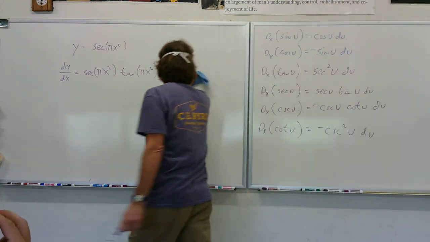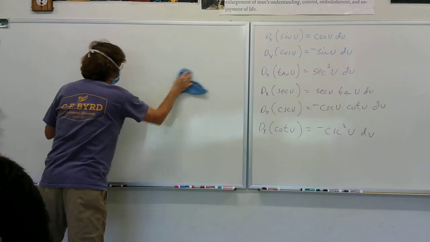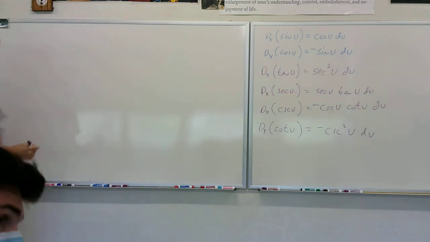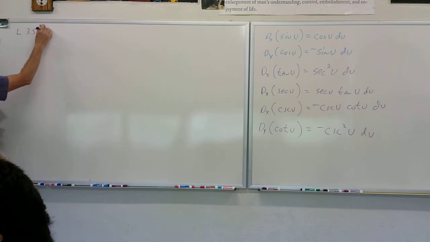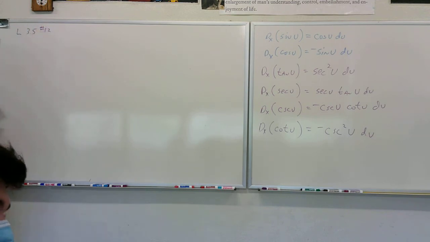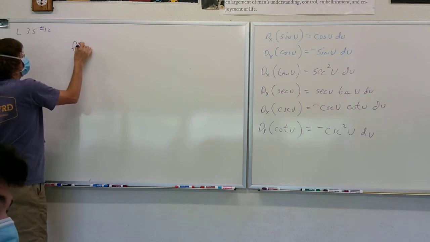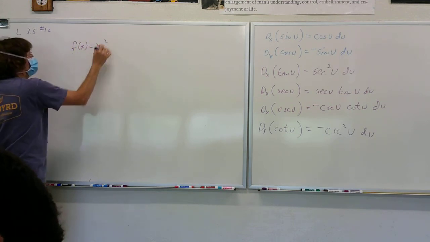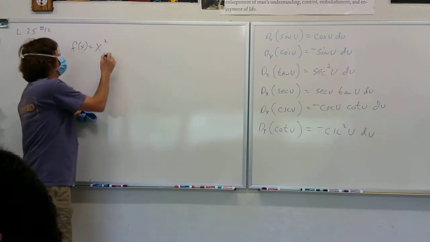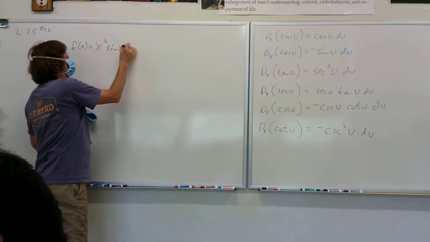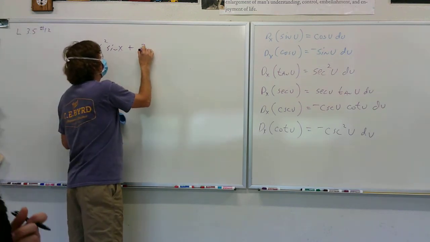Light hole 3.5, number 12, and I'll write it right over here. f of x equals x squared sine x plus 2x cosine x.